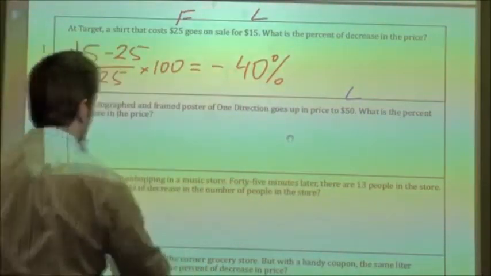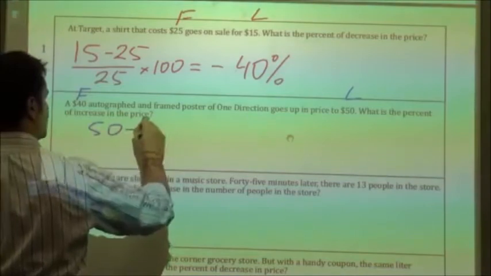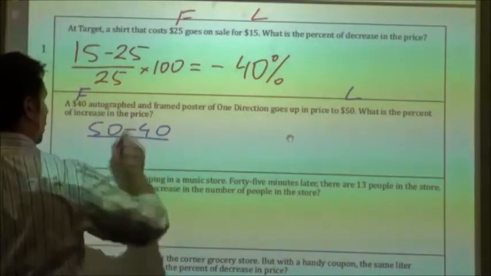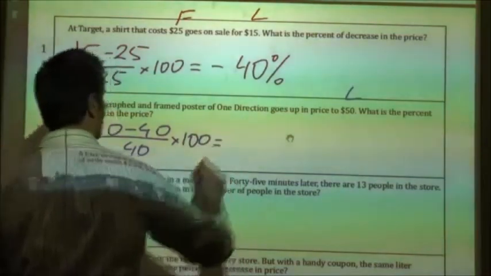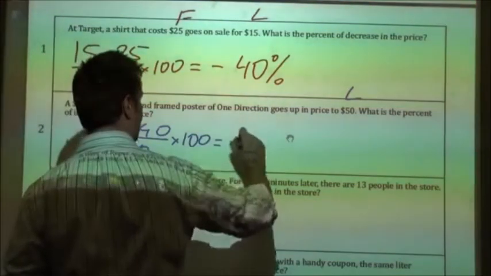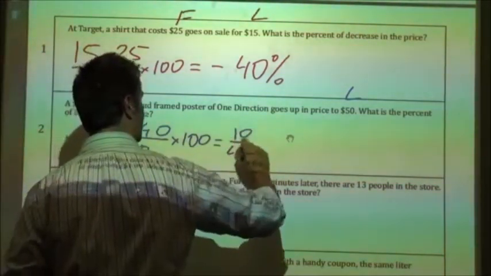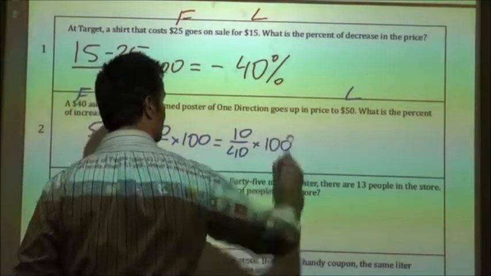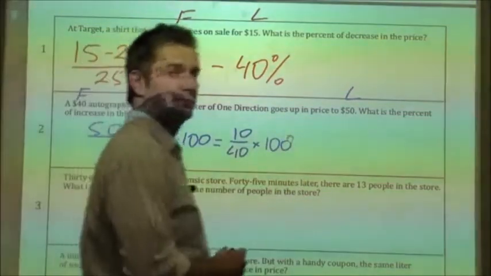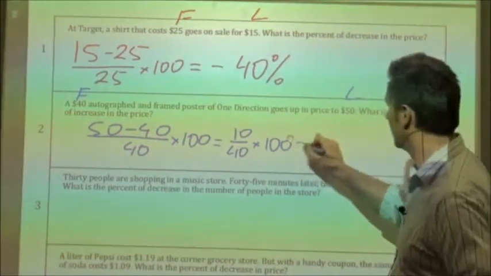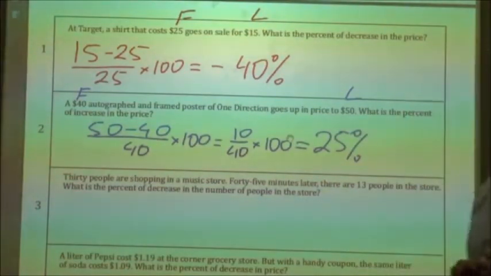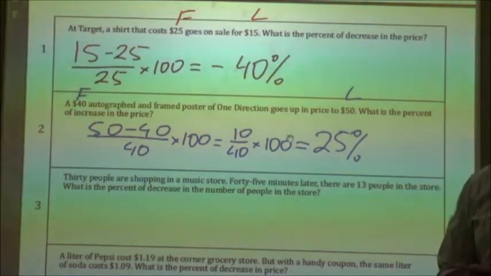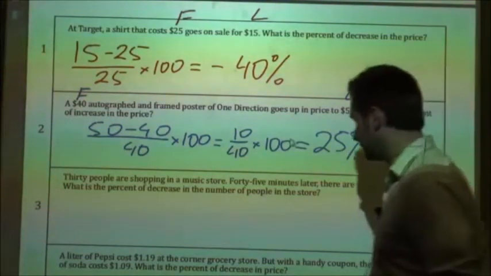Find the difference: 50 minus 40 over 40 times 100, which equals 10 over 40 times 100, which in our case equals 25%. Make sense? We good? Okay.